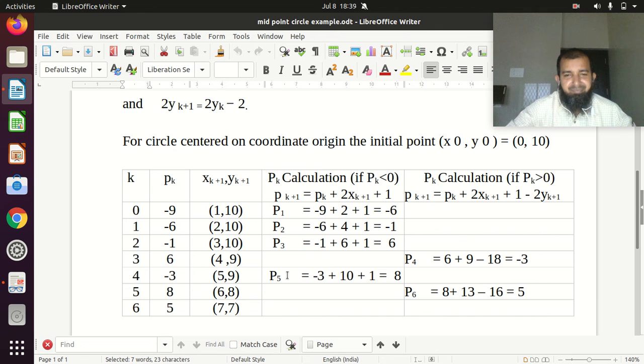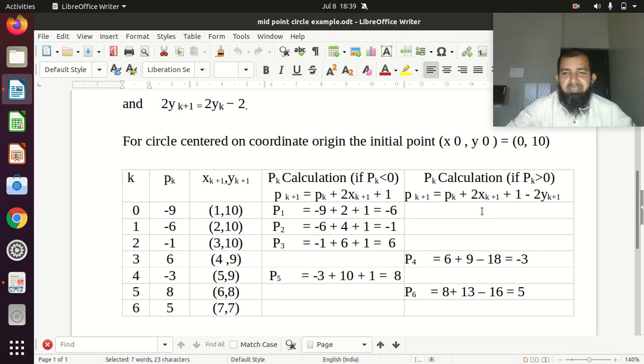So this is the formula: minus 3 plus 2xk plus 1. 2 into 4, 8, plus 2, 10. Then plus 1, 11, minus 3, 8. So 8 is positive, greater than 0, so x increments, y decrements.